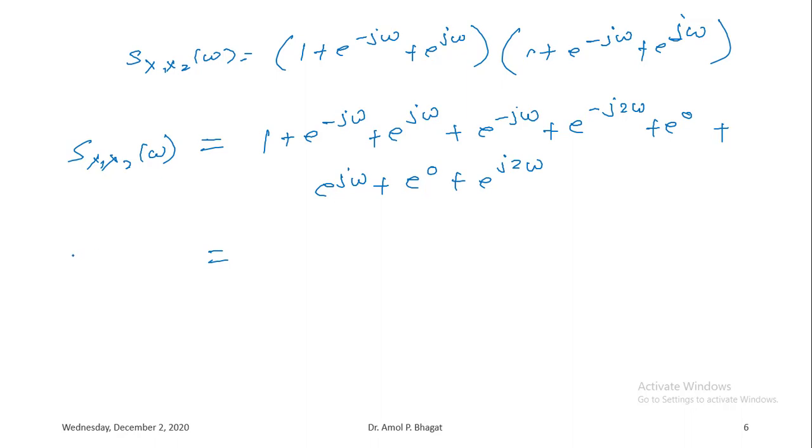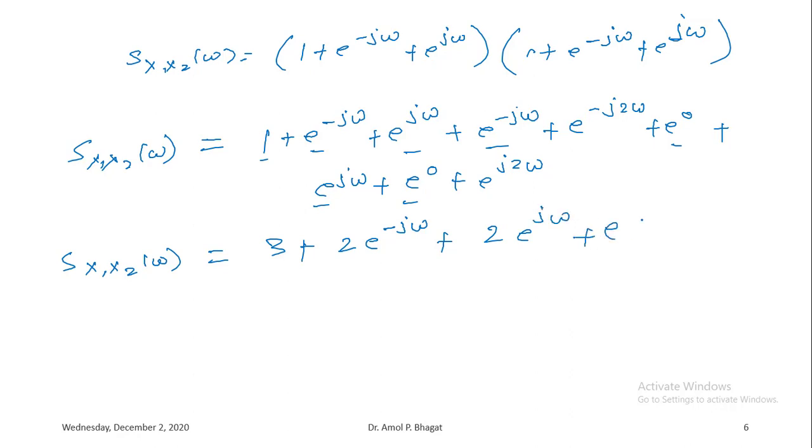Adding all these values, 1 plus 1 plus 1 is 3, plus 2 e to the power minus j omega, plus 2 e to the power j omega, and the remaining terms e to the power minus j2 omega plus e to the power j2 omega.